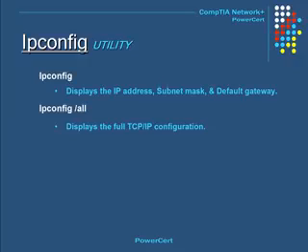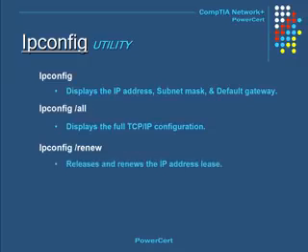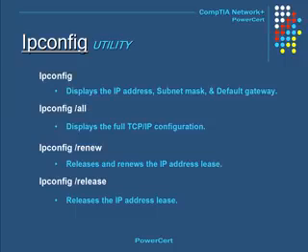When we use ipconfig /renew, this releases and renews the IP address lease given to us from the DHCP server, and ipconfig /release releases the IP address but does not renew it.